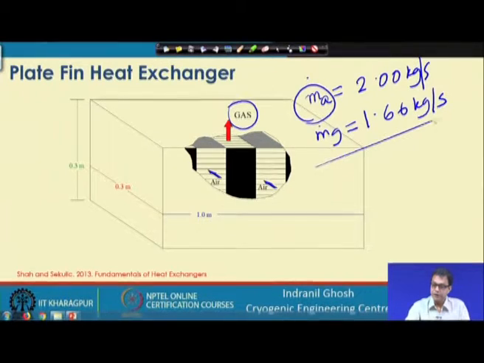Now we can understand that the mass flow rate of air is slightly higher than the mass flow rate of the gas.